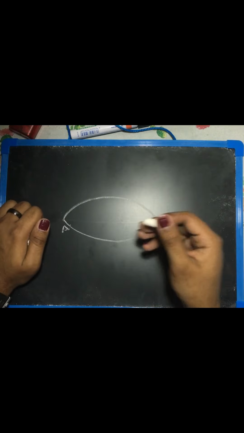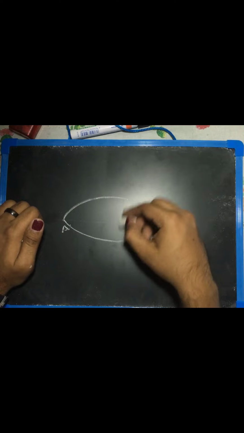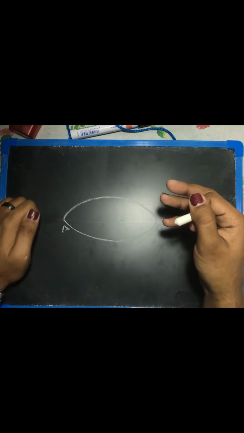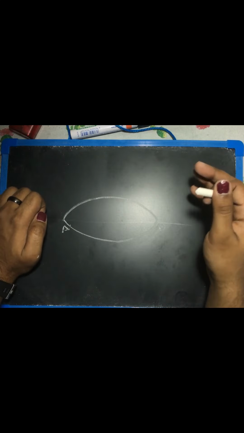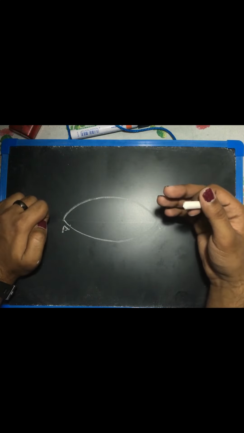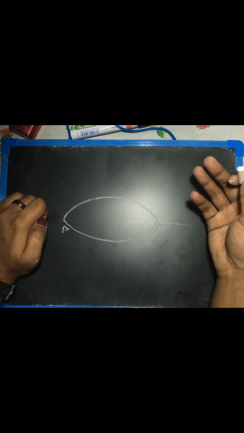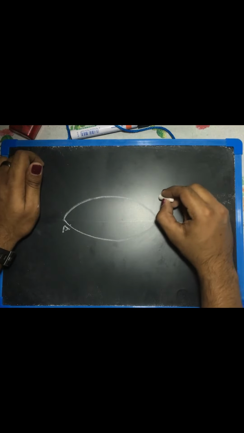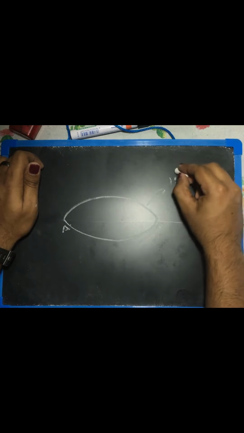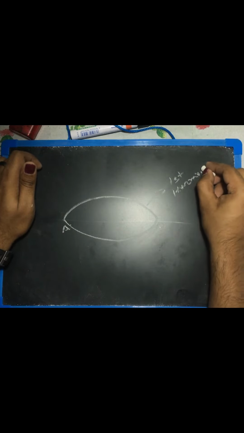It reflects back to point A. So this is the first possible wave, and these possibilities, the ways you could make waves, the possible wavelengths and frequencies which make stationary waves, are called harmonics or resonance. That's what we call first harmonic, because this is the first possibility.